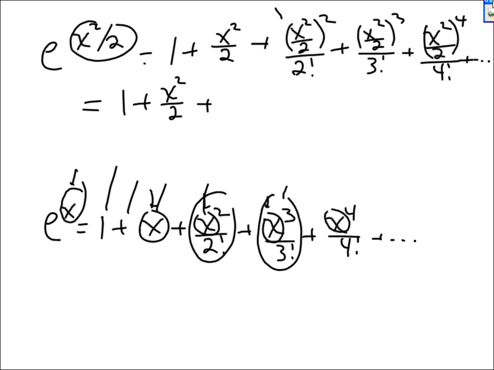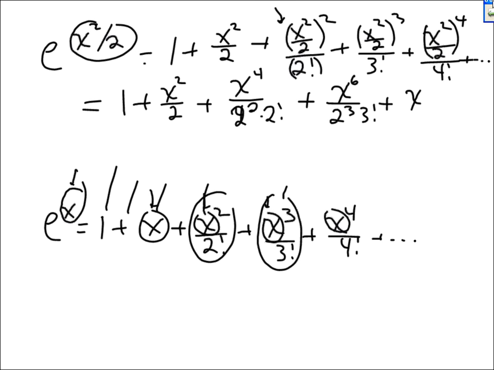Now, the next term, x squared over 2 squared, is x to the 4th over 2 squared times the denominator, 2 factorial, plus x squared over 2 cubed. That gives you x to the 6th over 2 cubed times 3 factorial, plus x squared over 2 to the 4th power, x to the 8th over 2 to the 4th times 4 factorial. And we do that forever.